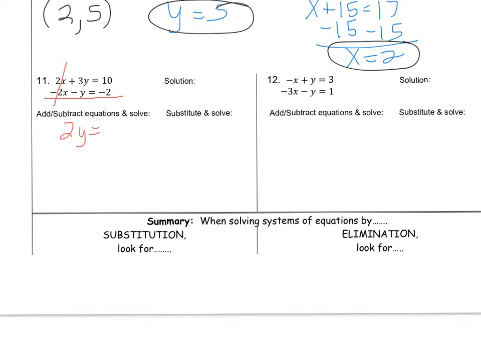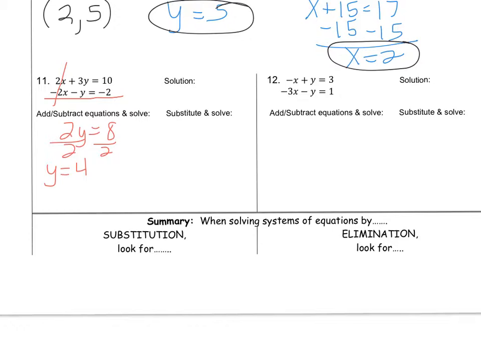So when I divide everybody by 2, y equals 4. So now I'm going to go ahead and substitute in the 4 for the y value in one of my equations. I'm going to go ahead and just do the top equation.